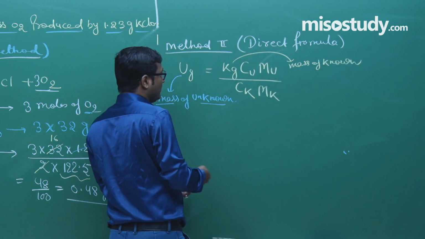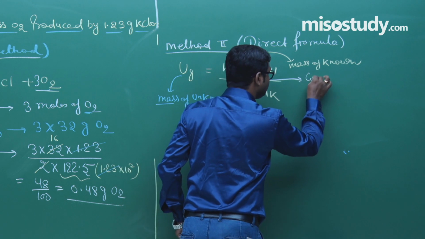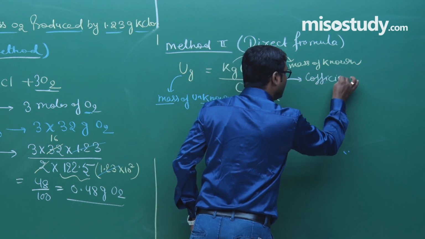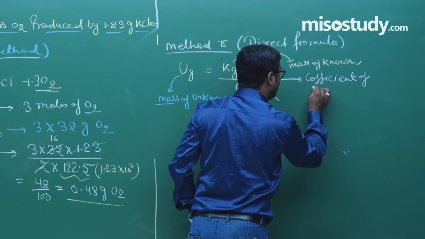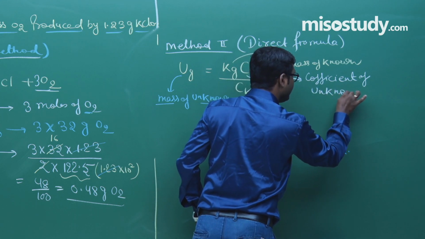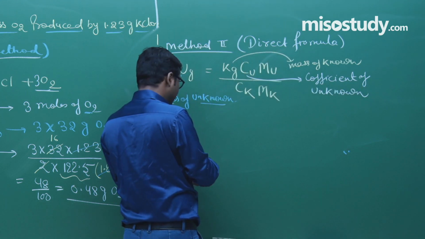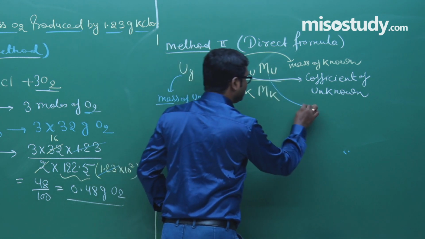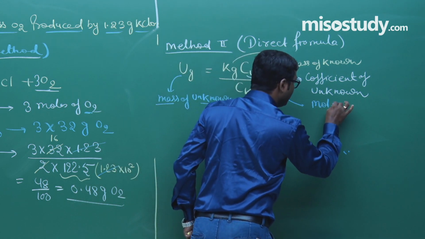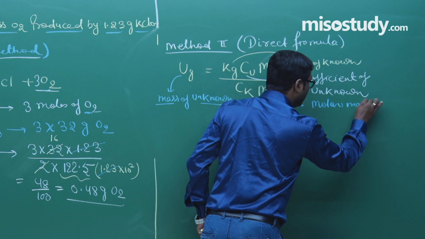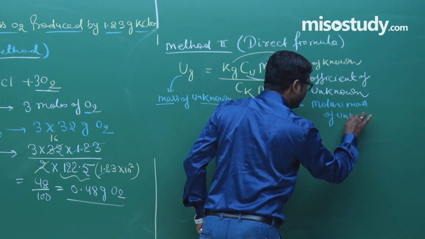Now, this one is the coefficient of unknown. Clear to you? And this one is the molar mass or molecular mass, you can say, of unknown. Am I right? Yes, sir.